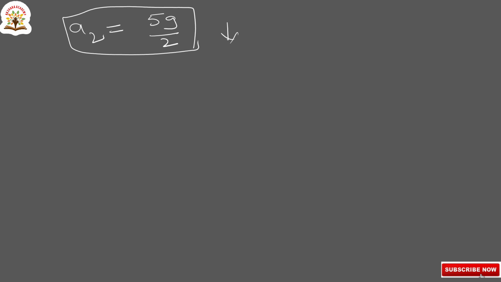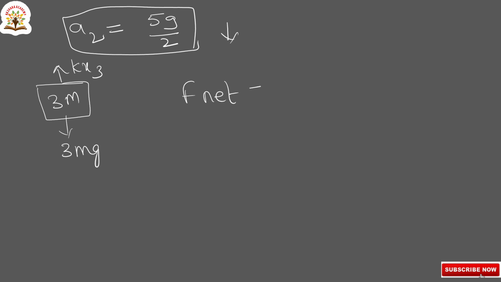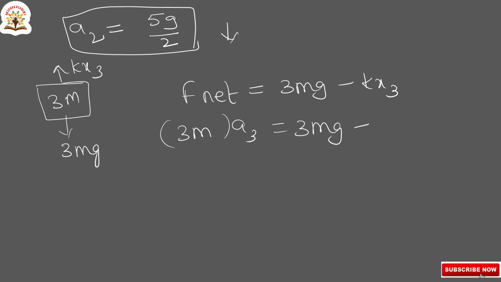And next we are calculating for block 3m, with kx3 upward and downward force 3mg. F net is equal to 3mg minus kx3. So F net, nothing but 3m a3, is equal to 3mg minus kx3, which is 3mg minus 3mg, that is 0.